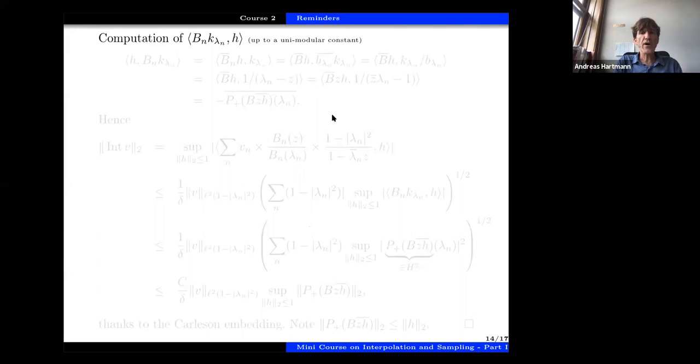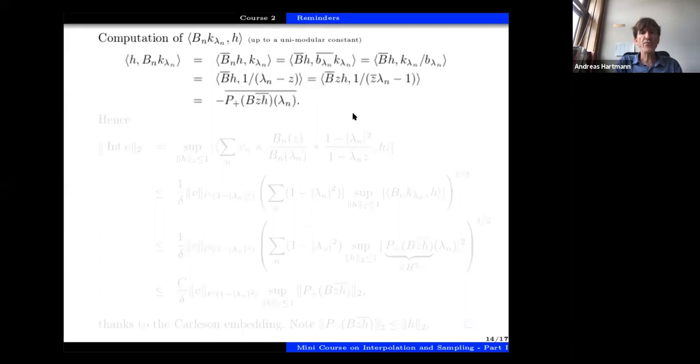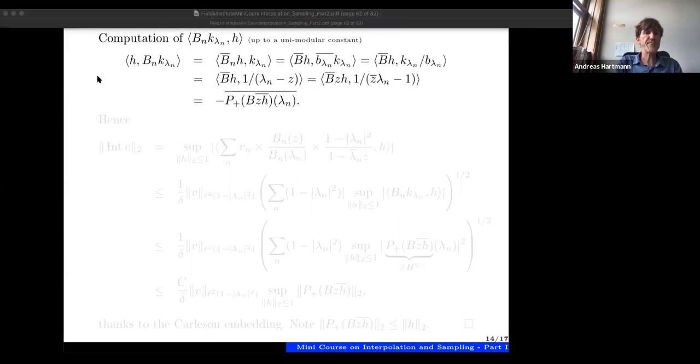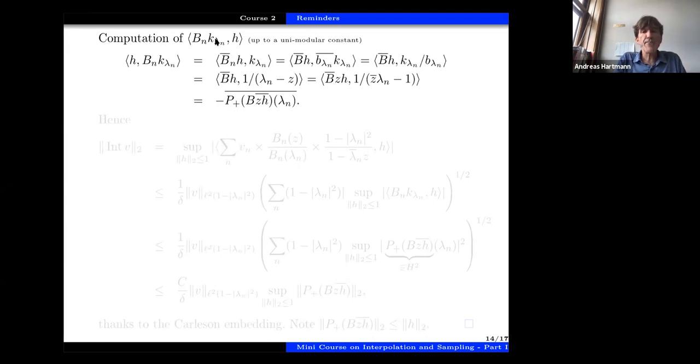In order to analyze this, we have to compute this B_n k_lambda_n h. So I have reversed the order. It's not very important because we take moduli of this. I bring over the B_n. It gets a bar sign here.